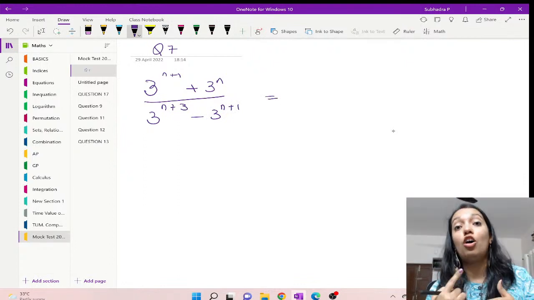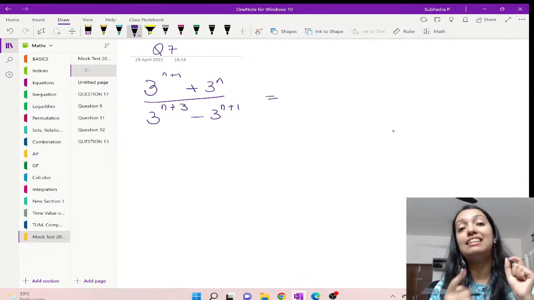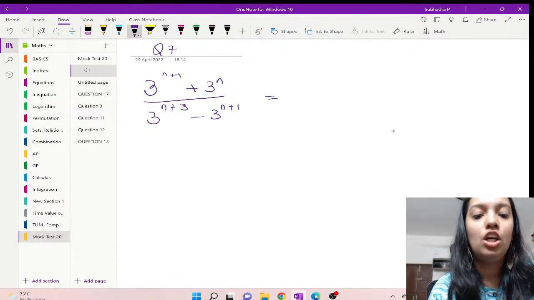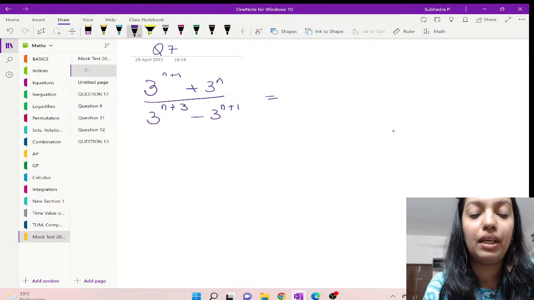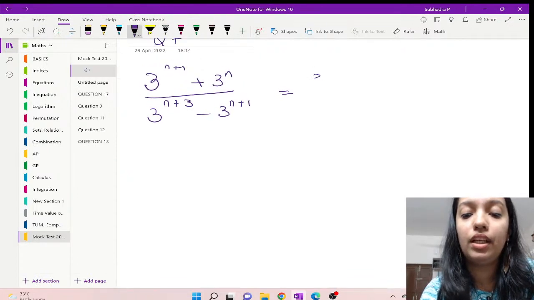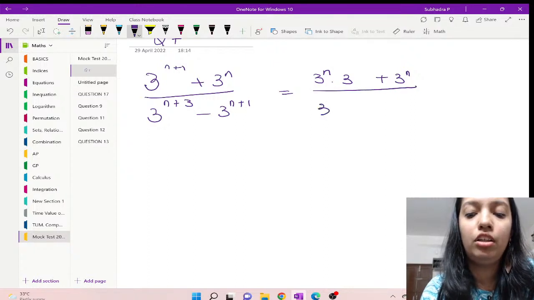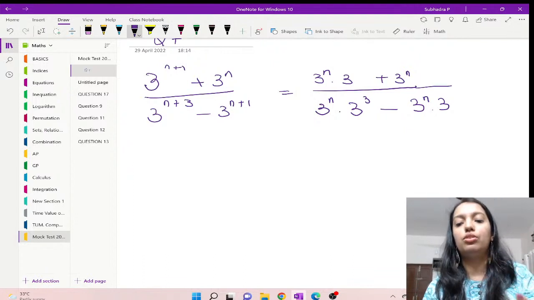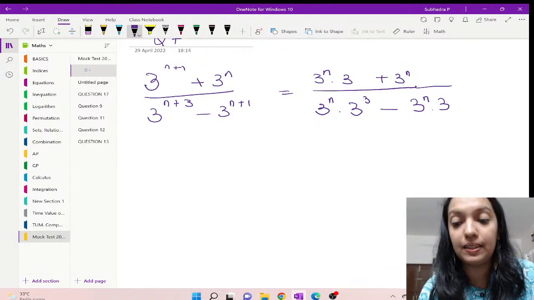Now, apply the law of indices. If there is an addition symbol in the power, you have to split the terms. So, when I split the terms, it will become 3 to the power n into 3 plus 3 to the power n, divided by 3 to the power n plus 3 to the power 3 minus 3 to the power n into 3 to the power 1. So, this is how I split the terms.